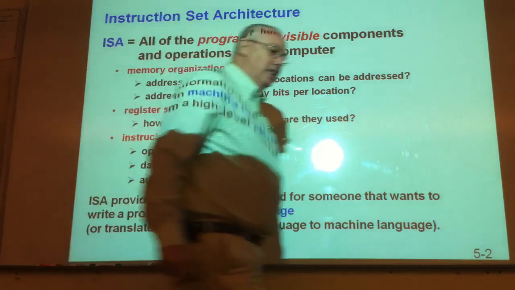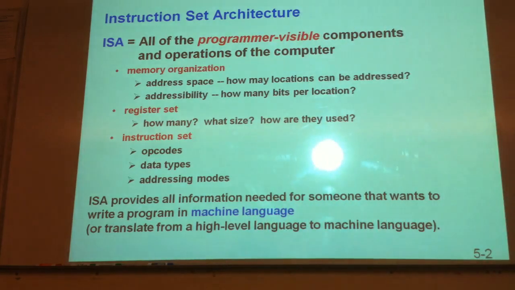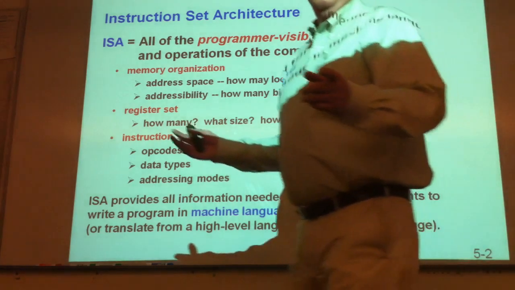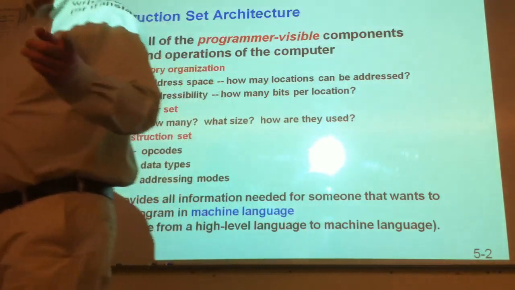And then addressing modes. Addressing modes are how do I get data into my register set. Direct address, in other words, I give it an address. Indirect address is what? You guys that have had C++: it's a pointer to a pointer.